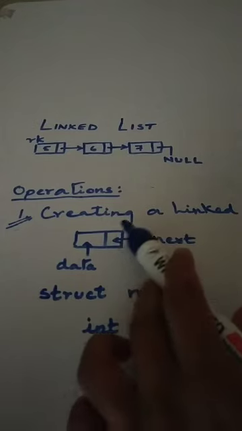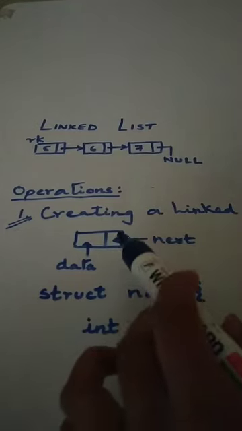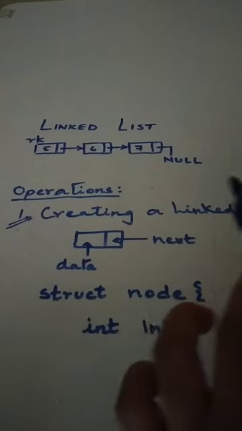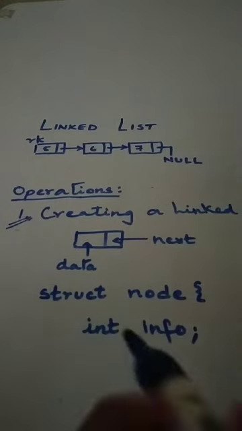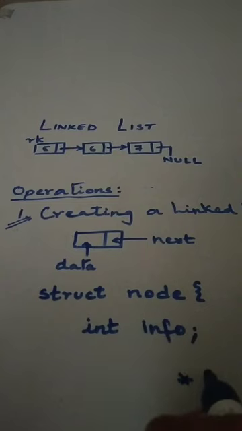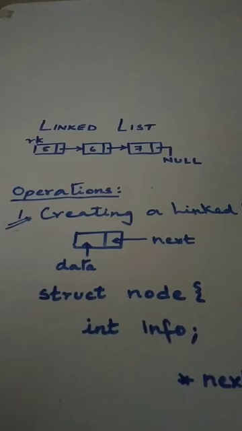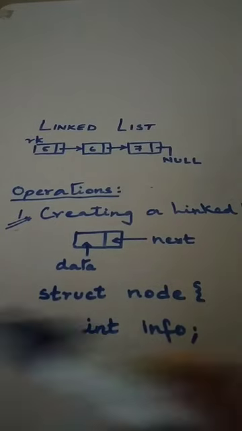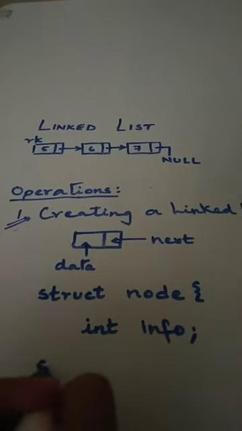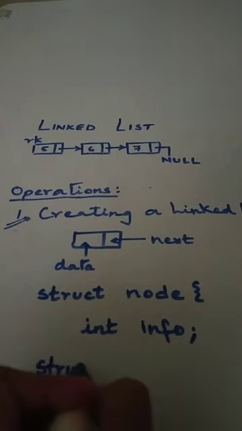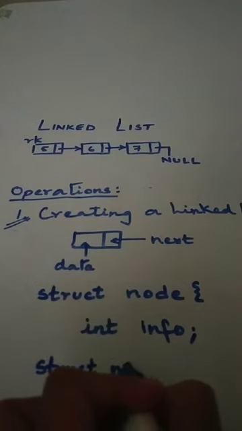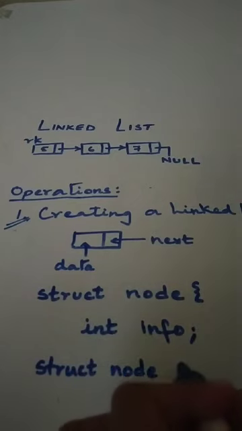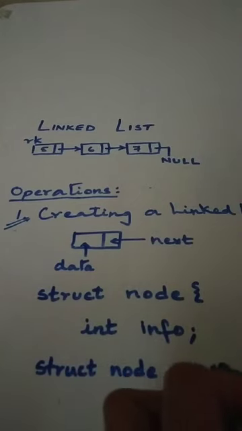Now the next one, if you see, we've been stressing on this, saying that this points to the next node. So it is a pointer. Let's call it next. It is a pointer by the name next, but what does it point to? It points to the next node. So its data type has to be a node. So it will be struct node star next.